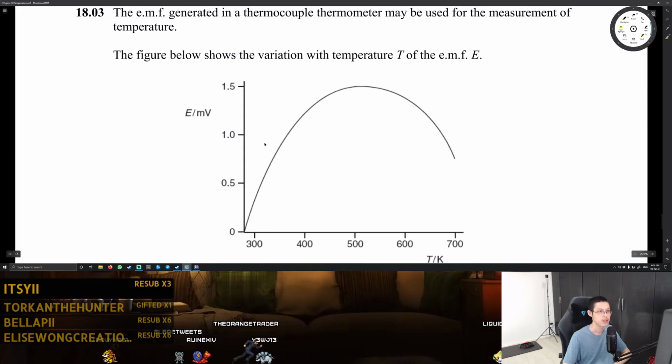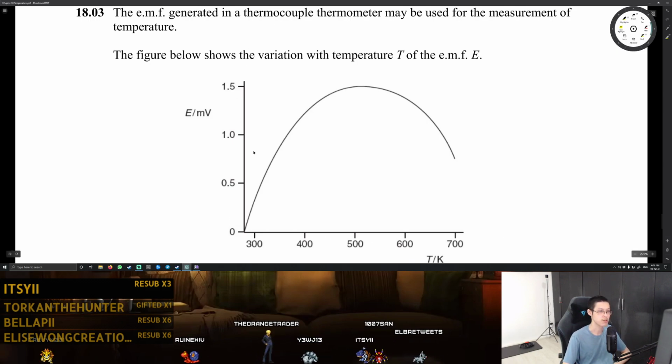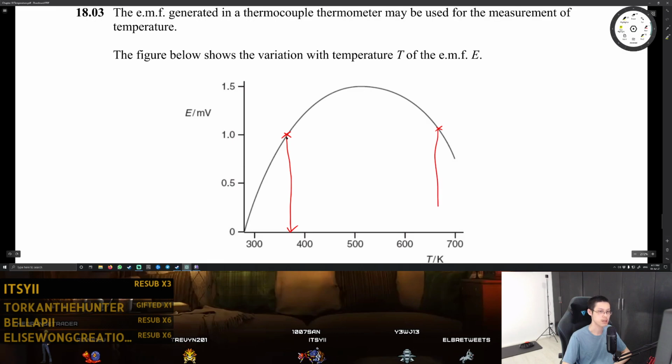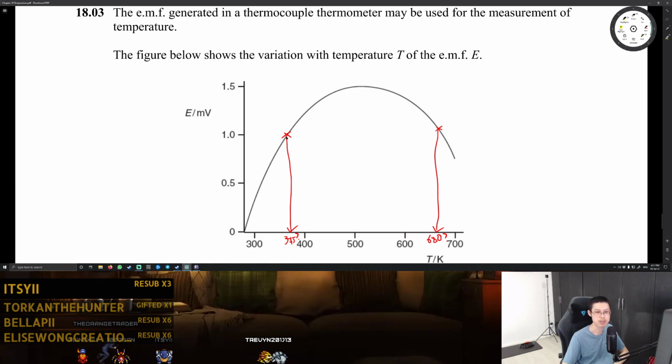So if I measure something with the thermocouple, and it shows me 1 millivolts, and then I cross-reference that with the calibration curve of the thermocouple, we get two possible points. It could be this point here. It could also be this point there, right? So that means the temperature could be either something like 375 or maybe 680. We don't know. And that is one of the disadvantages.